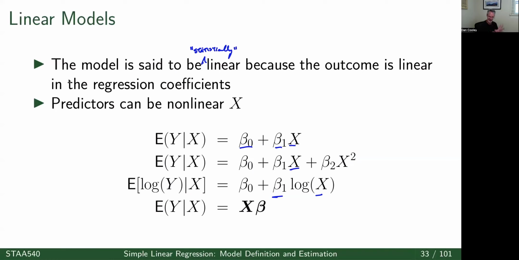This term, statistically linear, is not universally used. My point is that something that is statistically linear doesn't mean that its graph is going to be described by a line. As the definition says here, it's a linear combination of some variables. Here's our variable x2, which just happens to be the log of x.